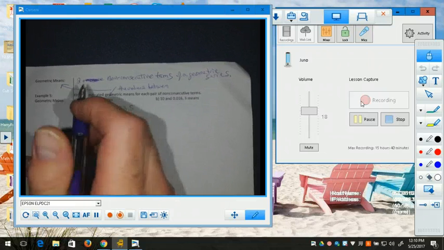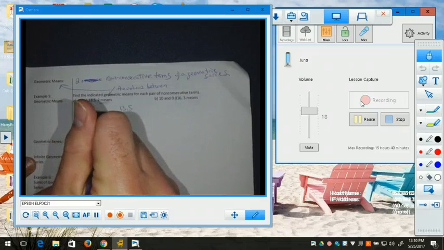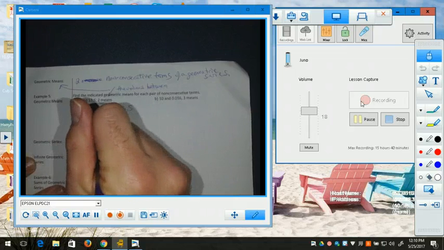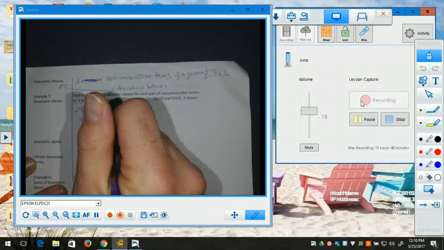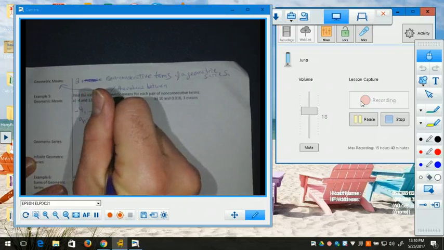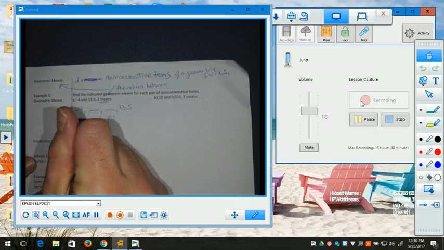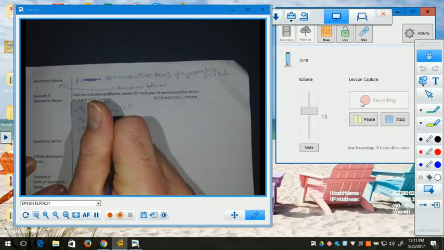To find this, I'm just going to use my rule, a sub n equals a sub 1. I'm going to pretend this is my first term, a sub 1, times r to the n minus 1 power. I already know a sub n, it's 13.5, and I know my a sub 1 is -4.